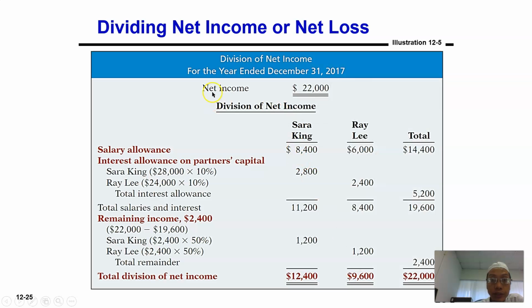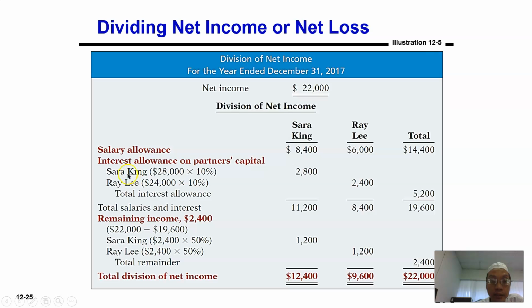So this is the net income. Firstly, the net income is 22,000. We will reduce it by the salary allowance. King is receiving a salary of 8,400. Ray is receiving a salary of 6,000. So 8,400 plus 6,000 is equal to 14,400. That's the first part. The second part is the interest allowance.